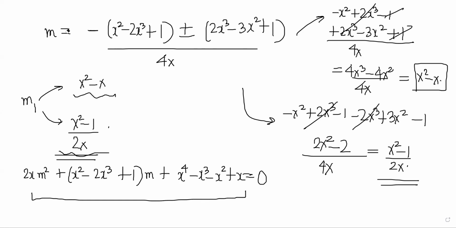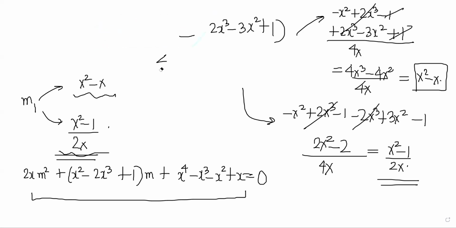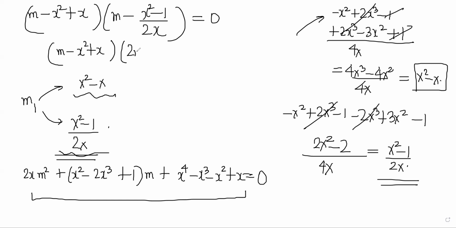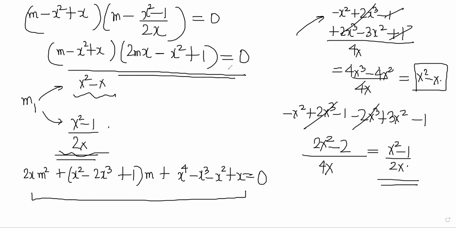So what I'm saying is I can rewrite this quadratic as a product of two factors, which is m minus x square plus x times m minus x square minus 1 by 2x, right? Basically equal to 0. We are getting m minus x square plus x times 2mx minus x square plus 1 equals 0, right?